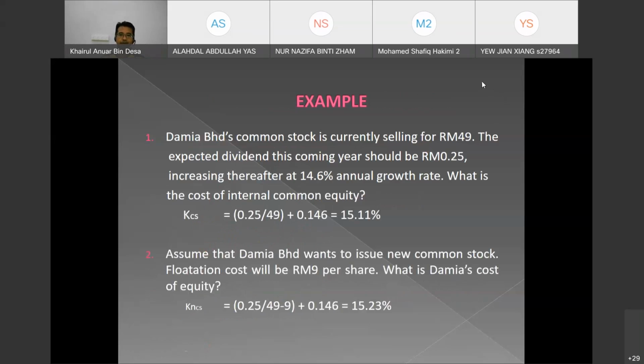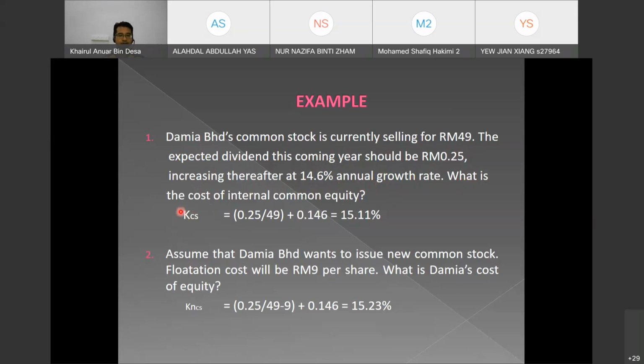Let's see the example here. Damia Berhad common stock currently sells at 49 ringgit. The expected dividend this coming year should be 0.25 ringgit, increasing thereafter at 14.6% annual growth.